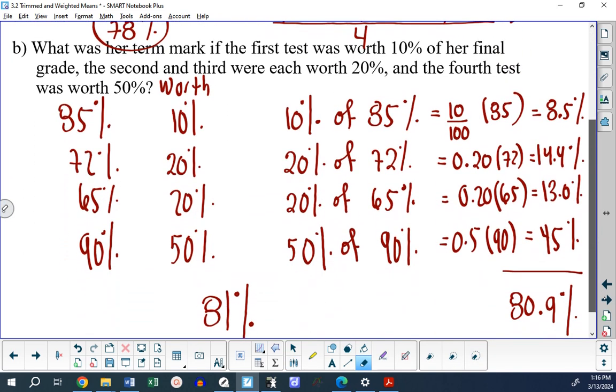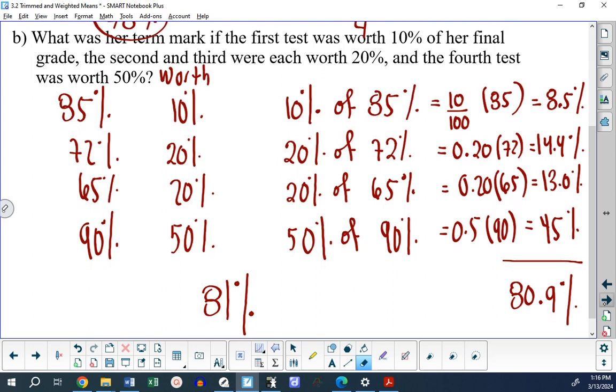In reality, her mark is calculated based on different weightings. The first test that she got 85 on is worth 10%. She got 72 on the second, which is worth 20, 65 on the third, which is worth 20, and the last exam she got 90 on, which is worth a whopping 50.